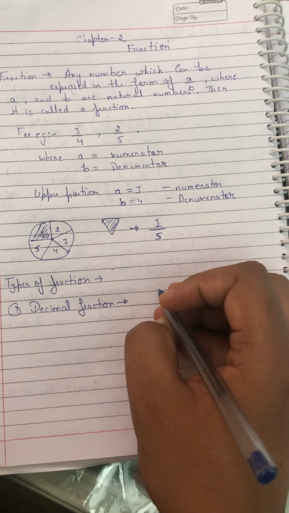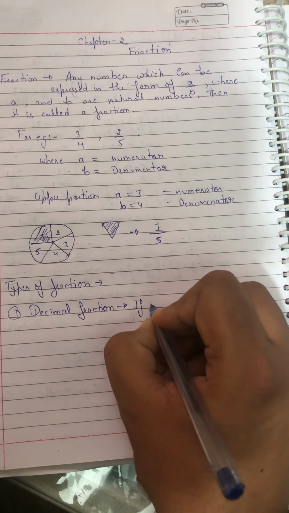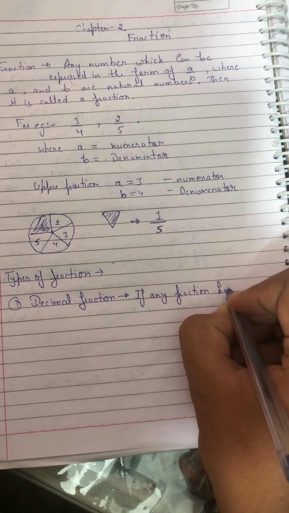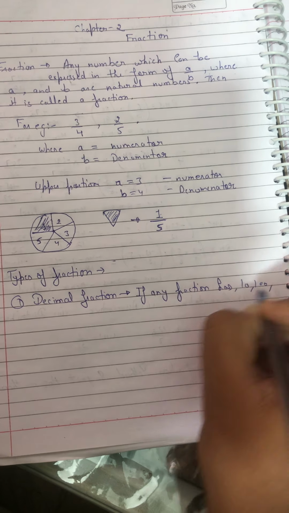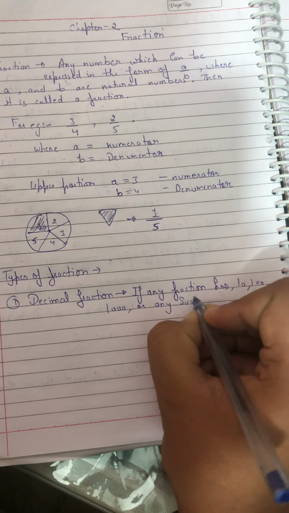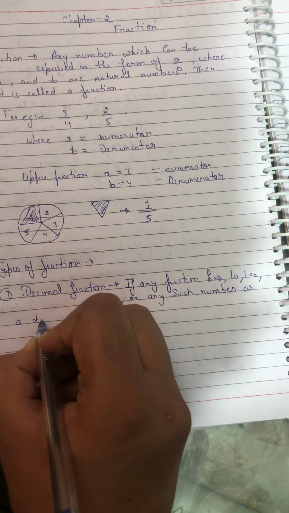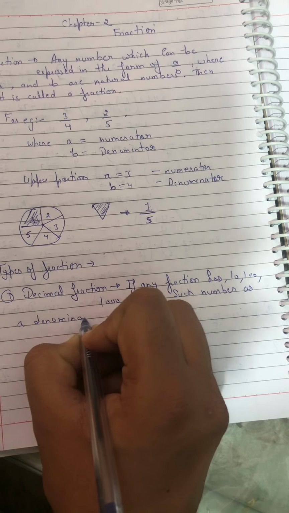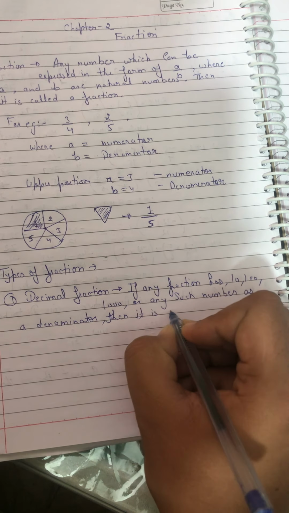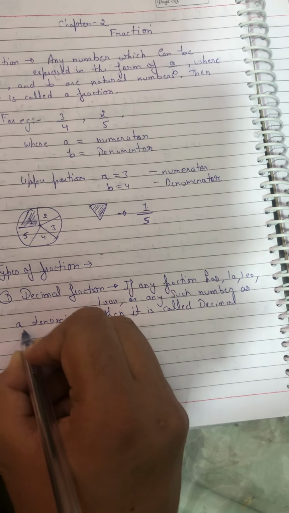If any fraction has 10, 100, 1000 or any such number as a denominator, then it is called decimal fraction.